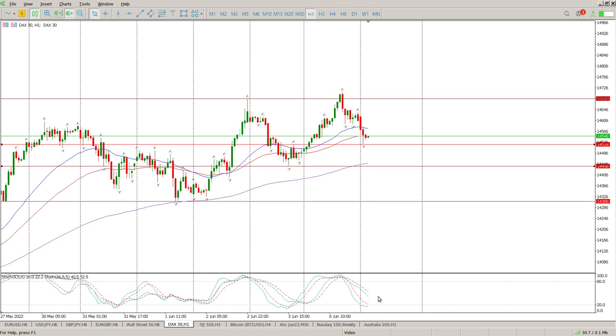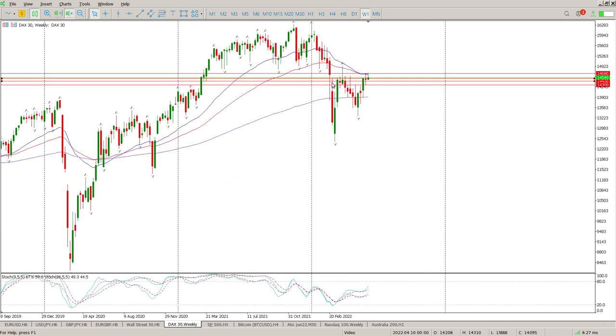Now look at the oscillators. Oscillators are starting to group to the downside, or heading to the downside at the moment. So whereas yesterday we said whenever the oscillators are grouped like this, you're not really interested in this. We've had the sell-off. Is this just the reset for another attempt through at this level? And remember, this 14,686, if you look on the weekly, it's a fairly strong area that we need to pay attention to.